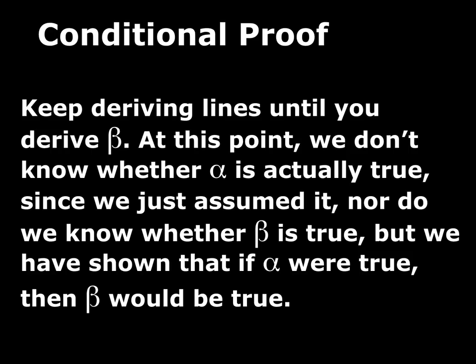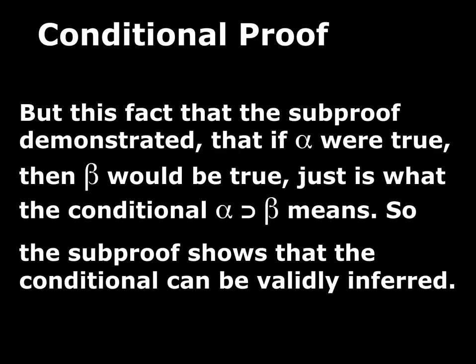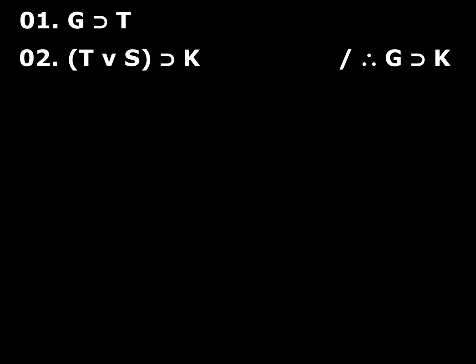But what we have shown is that if alpha were true, beta would be true. But that fact that you showed in that part of the subproof just is what the conditional if alpha then beta means. So the subproof shows that that conditional can be validly inferred. Okay, this will make a lot more sense when we walk through some examples.